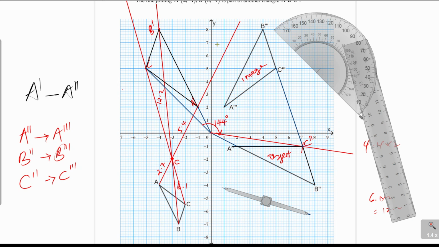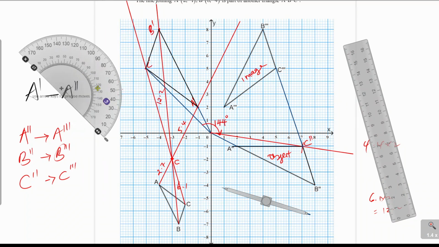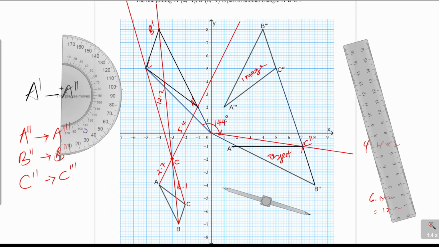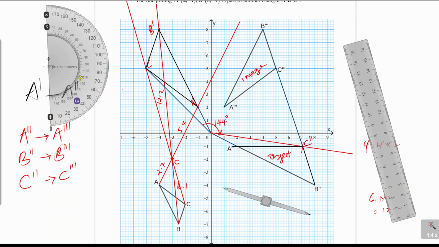The mirror line should be exactly between the 2 points, that is C double prime and C triple prime, because of the properties of the reflection. The image and the object are supposed to be equidistant from the mirror line.